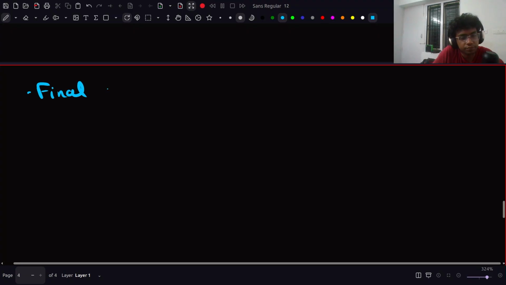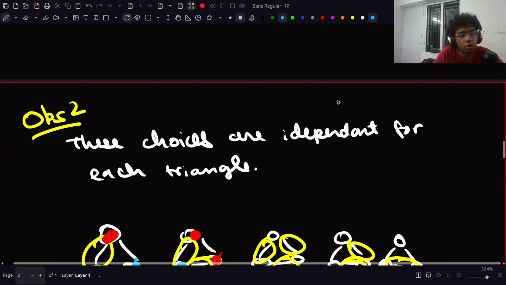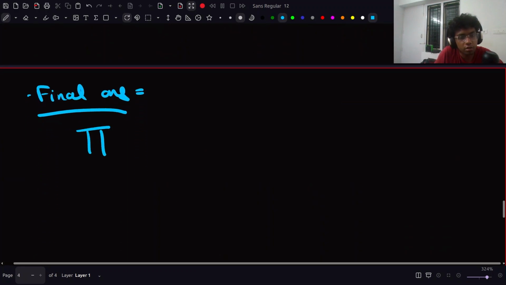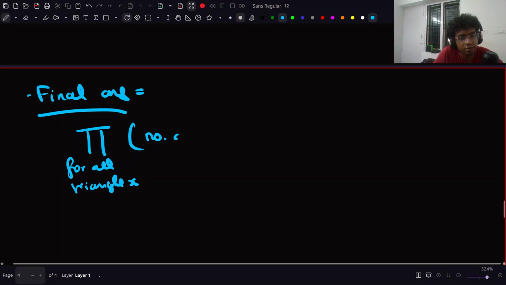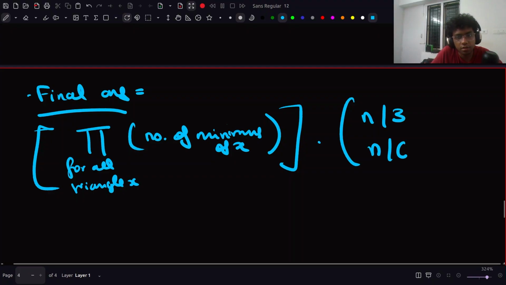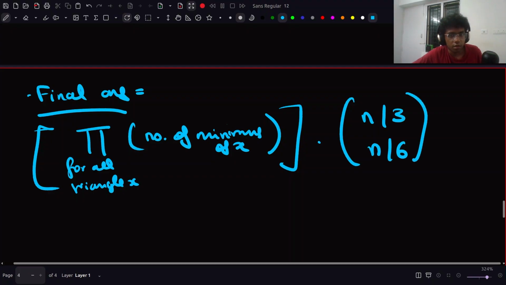The final answer is equal to first the product over all triangles x of the number of minimum edges of x, multiplied by the choice of colors, which is simply n divided by 3 choose n divided by 6, right? So this is the final answer, a simple mathematical formula for the answer.